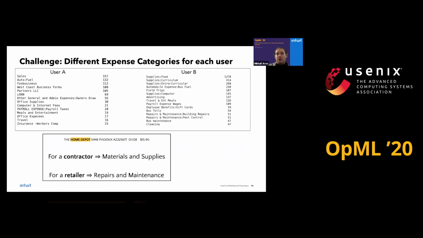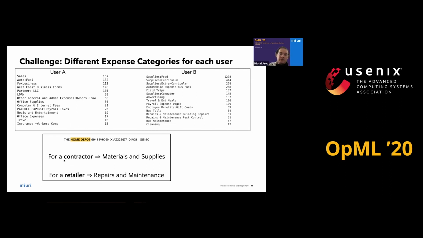And users have to manage all the categories that are relevant to them. Different users have their own spending categories. In addition, the same category that for one user may have a different meaning for another one.